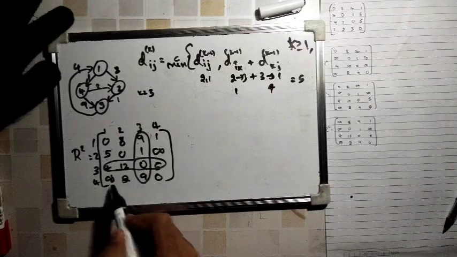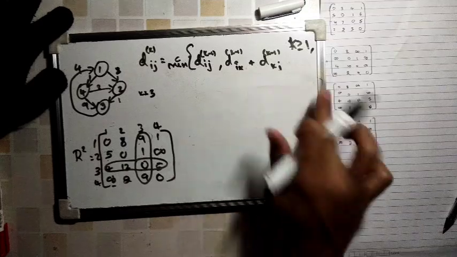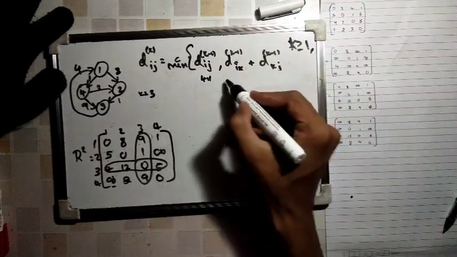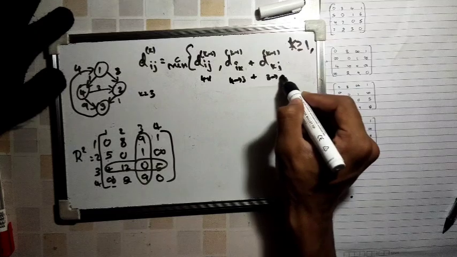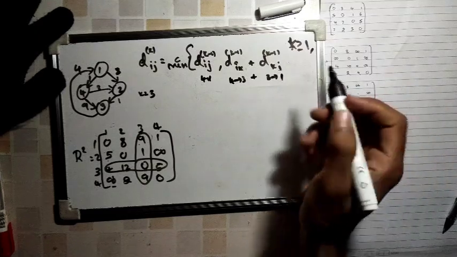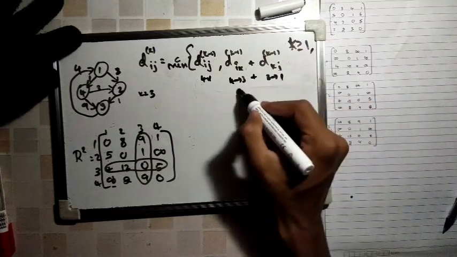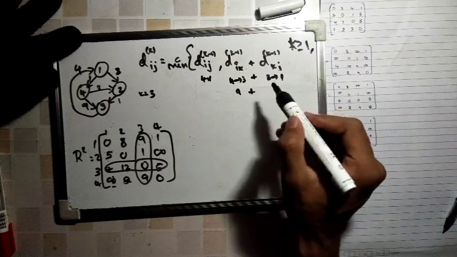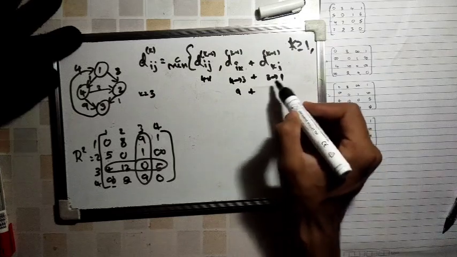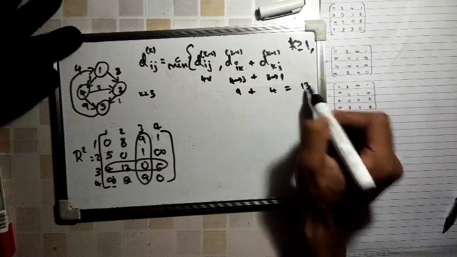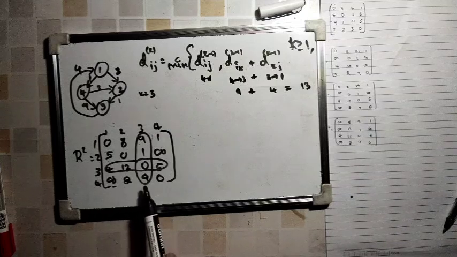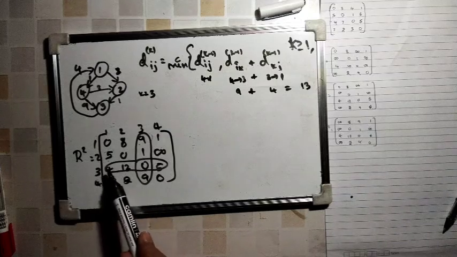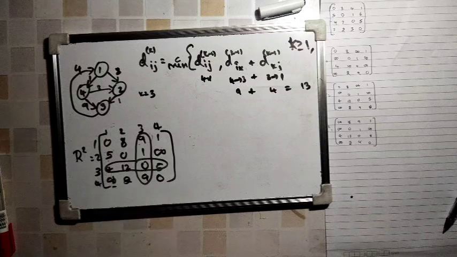Now let me try to find 4 1. Okay, 4 comma 1. So 4 to 3 plus 3 to 1. Okay, so 4 to 3 is 9 plus 3 to 1 is 4. It gives me 13. So is it correct what I am doing? 4 to 3 is 9 plus 3 to 1, it is 4.